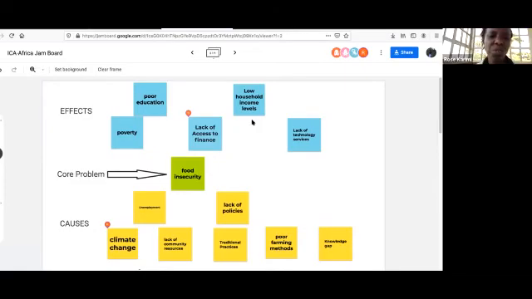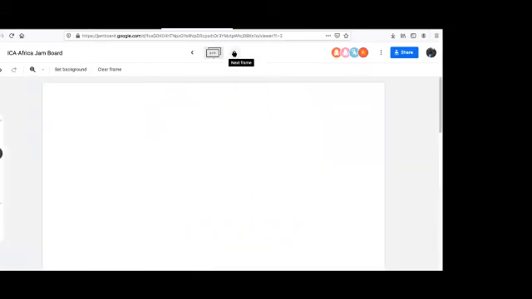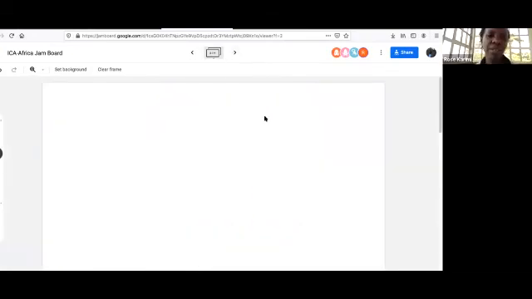So we can go to frame number 4. So our core problem was food insecurity.